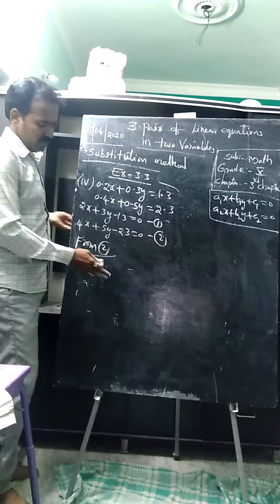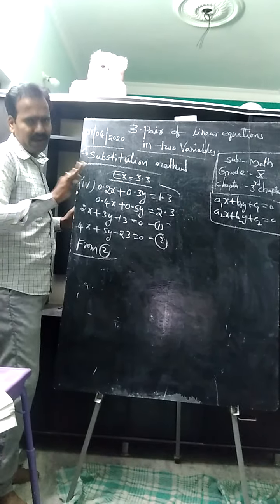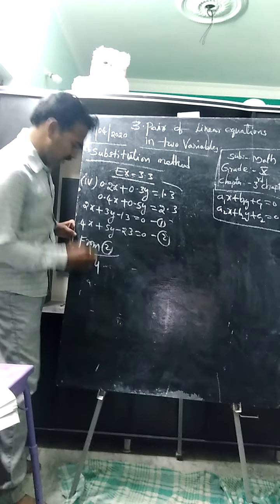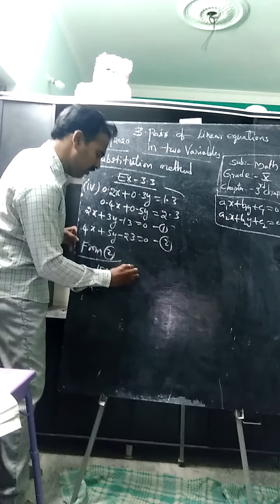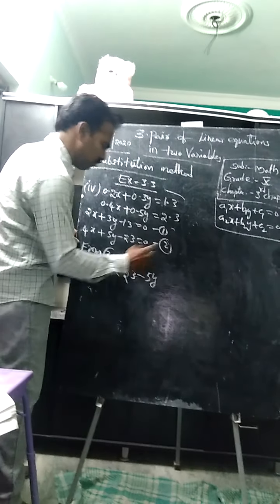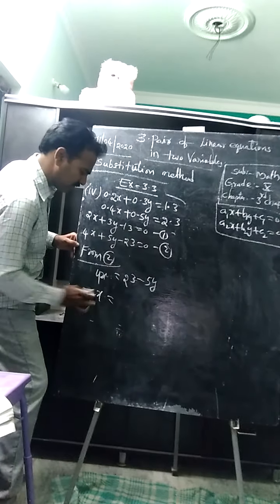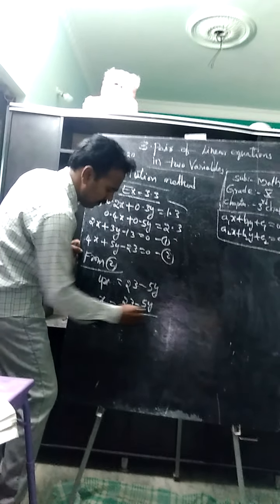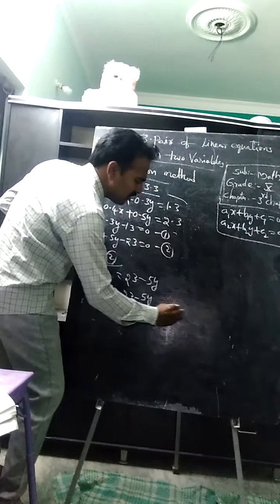If we substitute in the same, LHS equals RHS, so you won't get a solution. From 2, what can we write? Make one variable the subject. Minus 23 can change to plus 23, plus 5y can change to minus 5y. So we can make x the subject as 23 minus 5y by 4, equation 3.